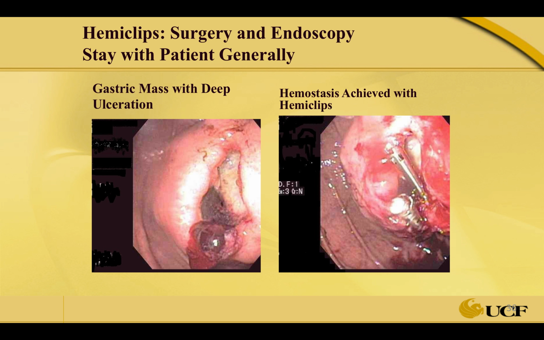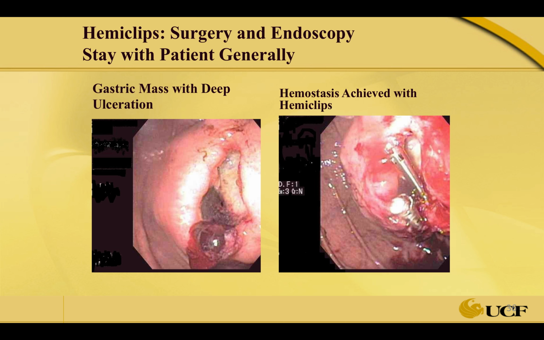Hemoclips stay with the patient generally. You see there in the left corner of the slide a gastric mass with deep ulceration, and that's the before and the after, where hemostasis is achieved with the hemoclips.